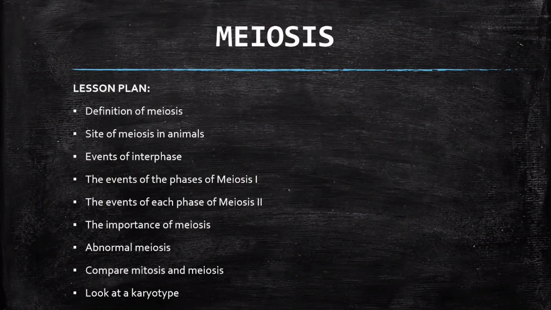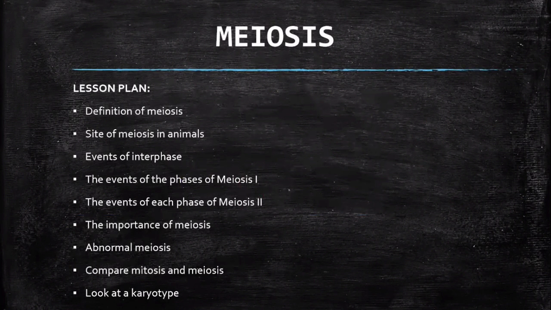When looking at the lesson plan, we're going to define meiosis, which is what we always do. We have to always define the topic that we're going to discuss, because you need to know what the topic is about. Then we're going to look at the site of meiosis in animals, or the place where meiosis occurs in animals. We're going to look at interphase, which is a phase that comes before meiosis.